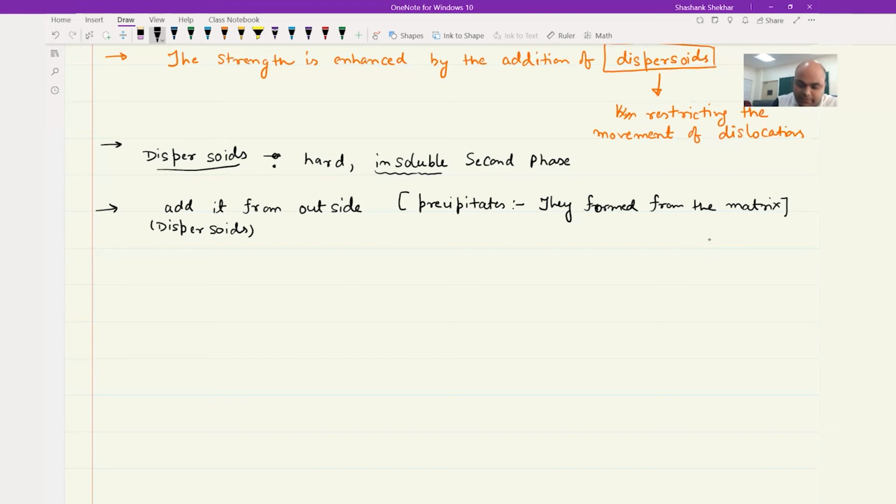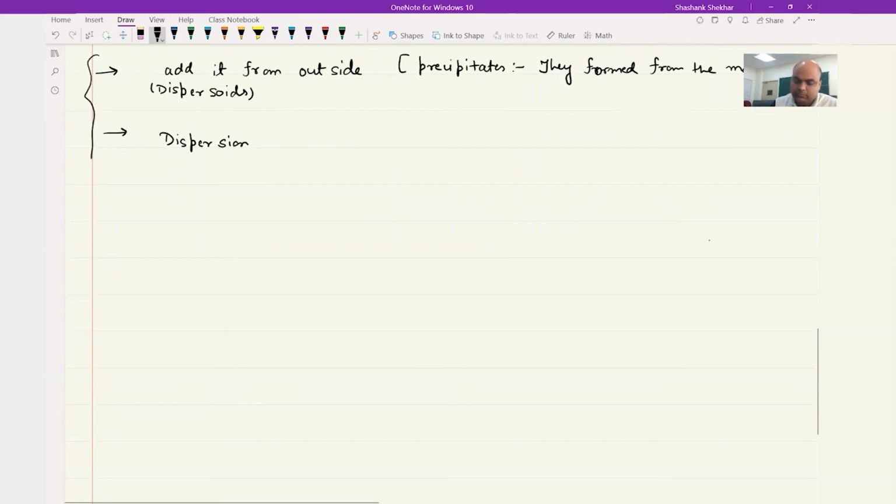Now the second difference is: dispersion hardened systems maintain strength at high temperatures.